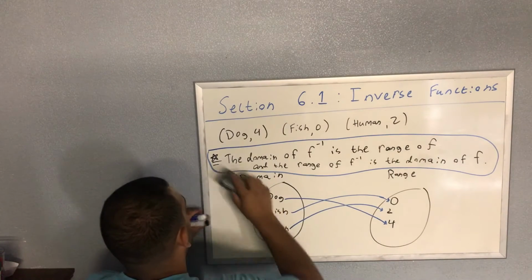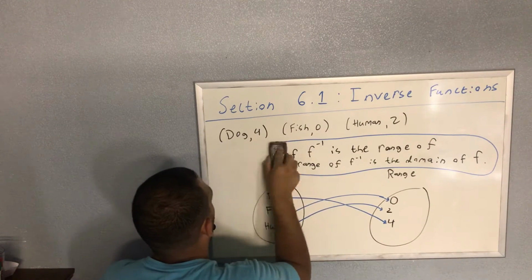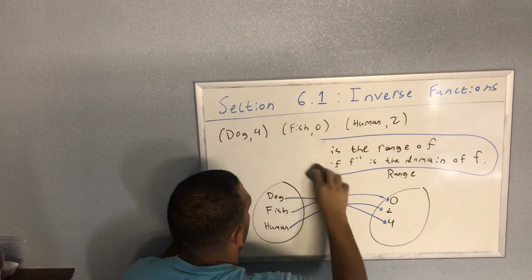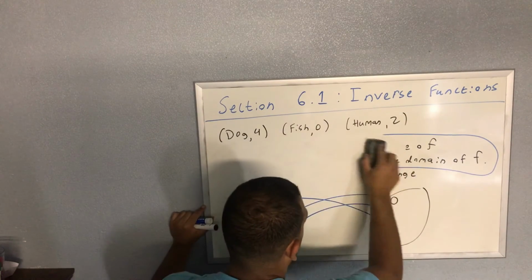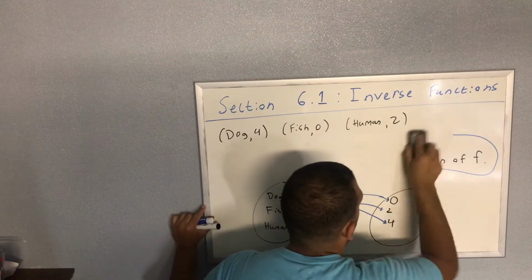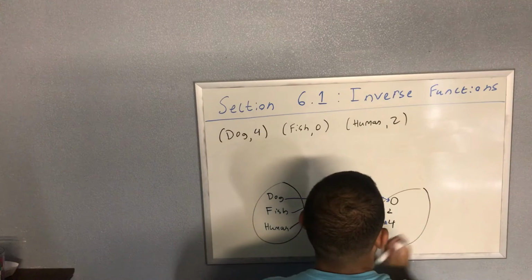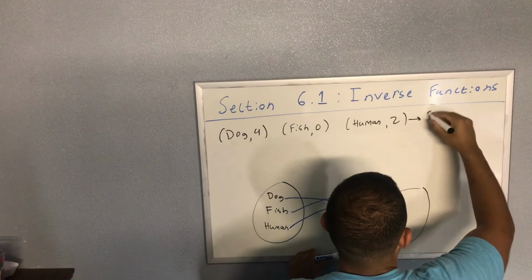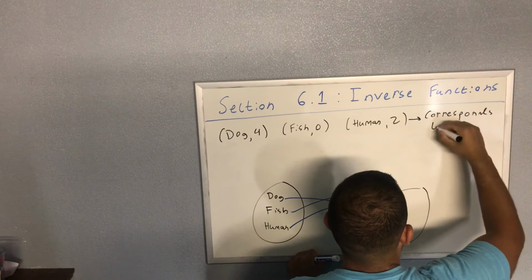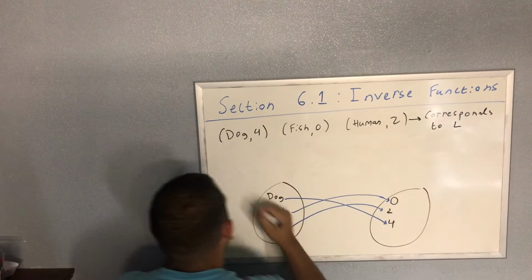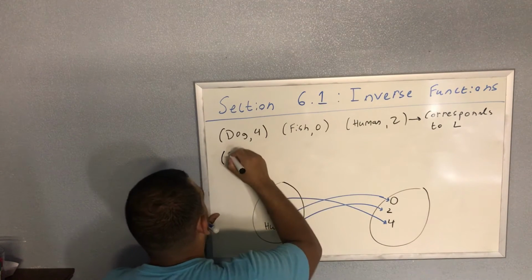And because of this, the ordered pairs for the inverse function are just you flip the order of these. So this is f. This corresponds to the original function L. Now, if we flip all the ordered pairs, this is going to be the correspondence for L inverse.